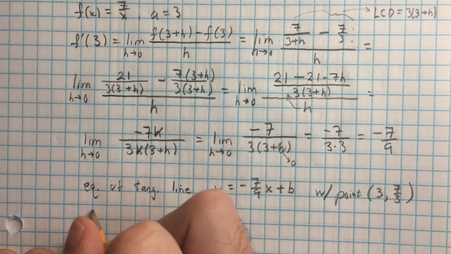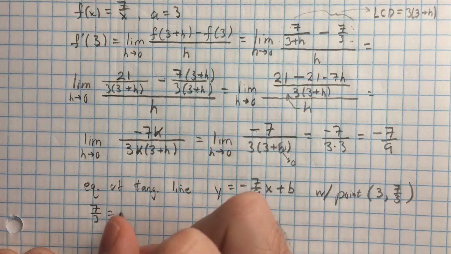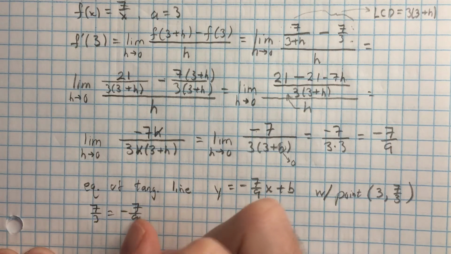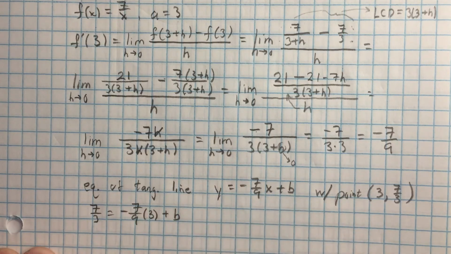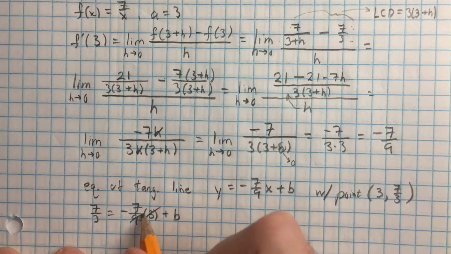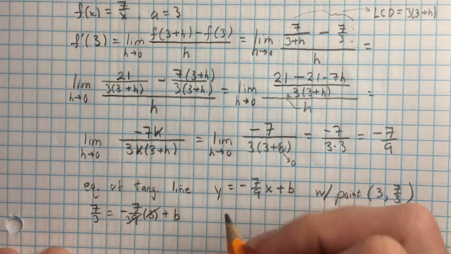So we can use the 3, 7/3 to fill in for x and y and solve for b. So we should have 7/3 equals negative 7/9 times 3 plus b. So, of course, the 3 and the 9 cancel. So this is negative 7/3. Added over here should give us, what, 14/3?